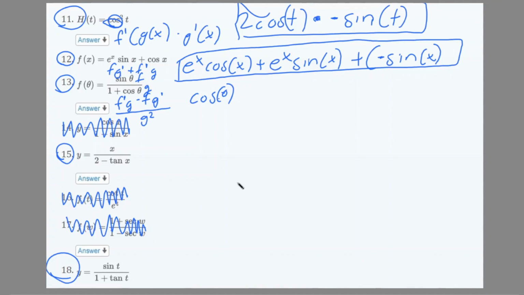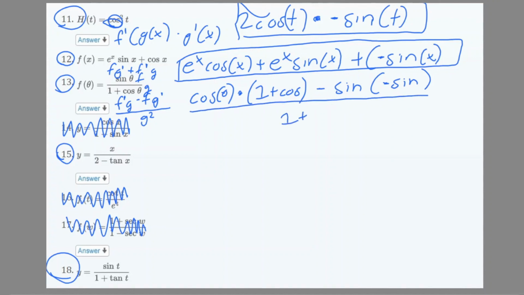I'm just going to write cosine and sine instead of the theta as well, and then multiplied by g, which is 1 plus cosine, minus f, which is sine, multiplied by g prime, which is just going to be negative sine, and then that's all going to be over g squared, which is going to be 1 plus cosine theta squared.